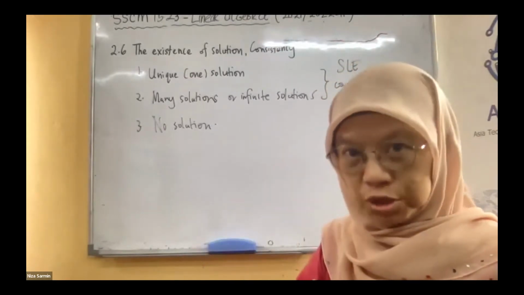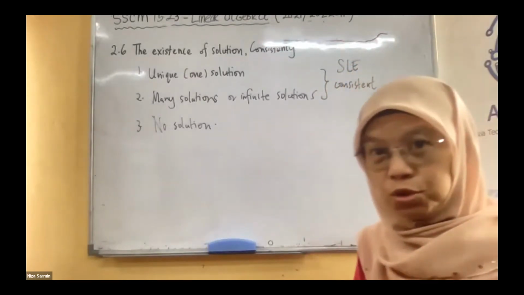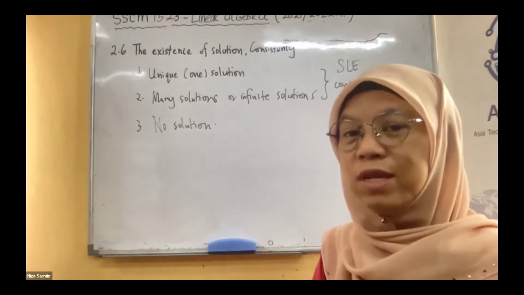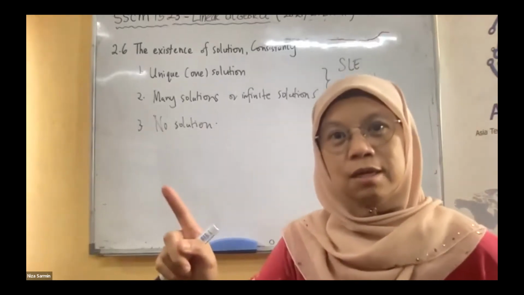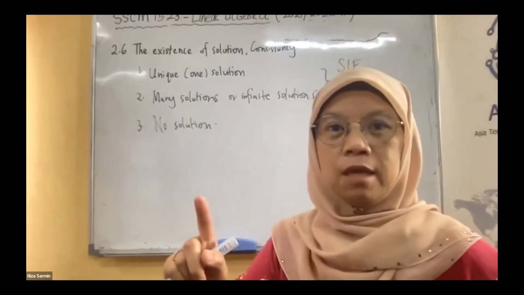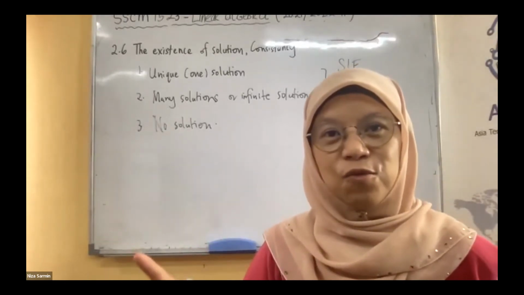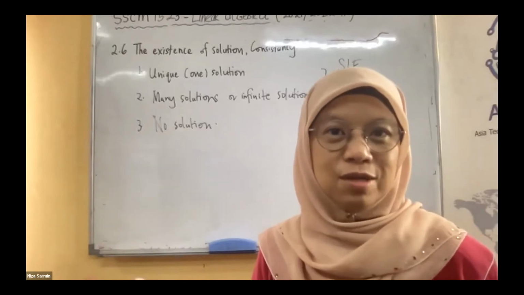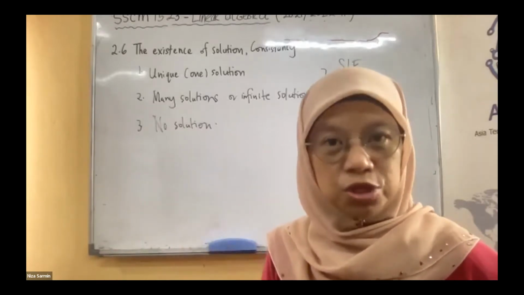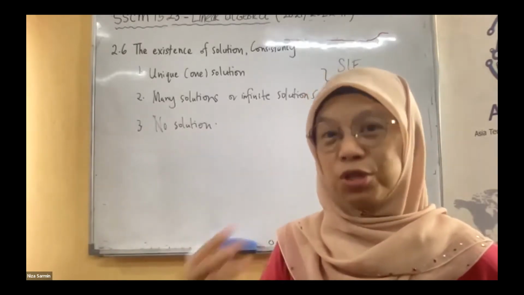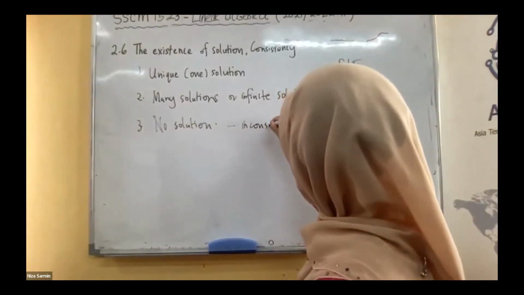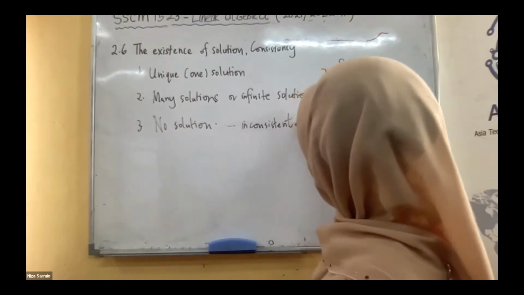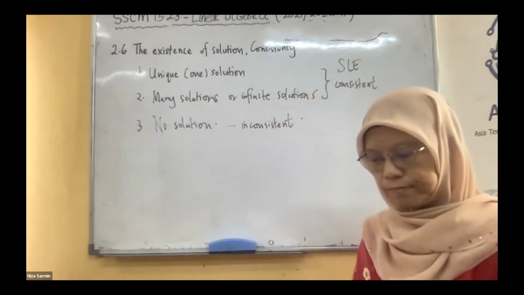If there is a solution which is unique or many solutions, we call the system of linear equation consistent. So if the question mentions something like, decide whether the following system is consistent or not, they don't ask you to find the solution. They want to know whether there is a solution or not. Yeah. For this is inconsistent.